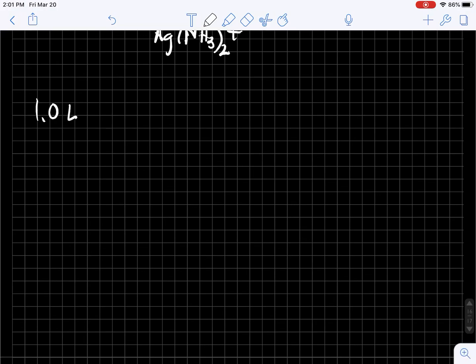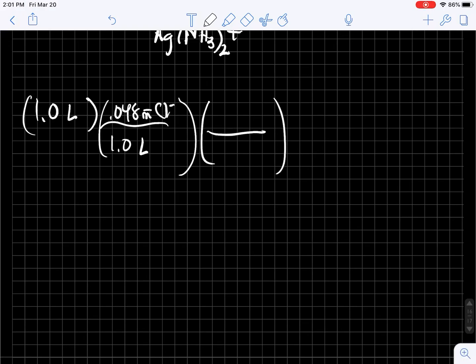My bad. All right, so 1 liter of solution. I know that in 1 liter of this solution, 0.048 moles of chloride are produced. And for every 1 mole of chloride, that means that 1 mole of silver chloride dissolved.